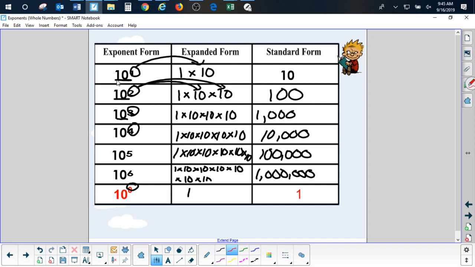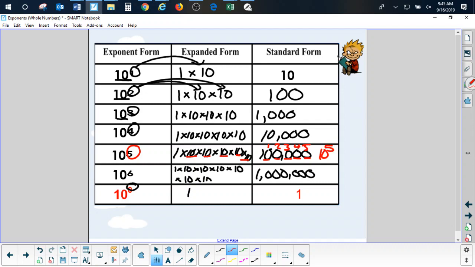So after the students complete this, we want to start looking at what patterns are happening. And it's easy to see that the exponent is very important, because the exponent tells us how many 10s we have to write, but it also tells us how many zeros have to be in our standard form. So we could work both ways, understanding that if I have 5 zeros, 1, 2, 3, 4, 5, that means my exponent has to be a 5.